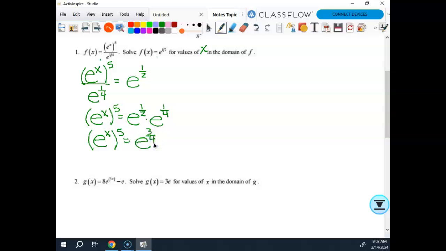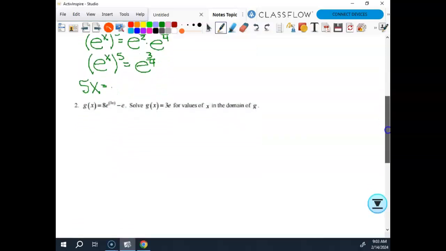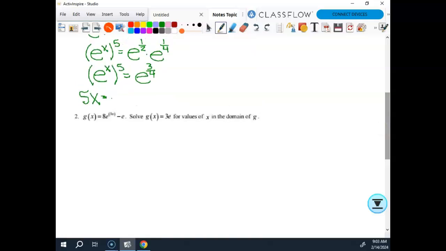Okay. So now at this point, could I drop the e's and just keep the exponents? Is that acceptable? Yes. So in this case, I do want to make it 5x, and I can do that when I drop them. So I get 5x equals, oh my gosh, what is wrong with my board? 5x equals what? 3/4. Okay.